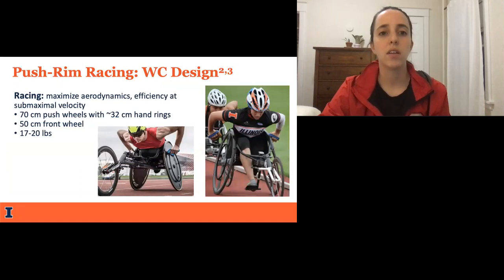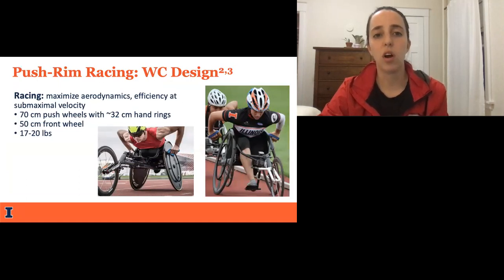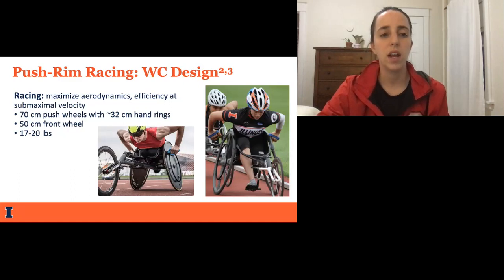Hand ring and wheel size can differ depending on how long the athlete's limbs are. If they have long arms, they're going to have a larger hand ring because they can gain more access there, versus someone who has shorter arms, who's going to have a shorter hand ring and possibly shorter wheels because they can't reach as far. The front wheel is 50 centimeters, and the whole chair without someone in it weighs about 17 to 20 pounds.